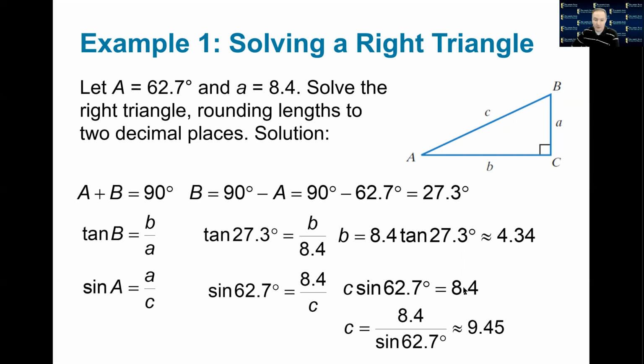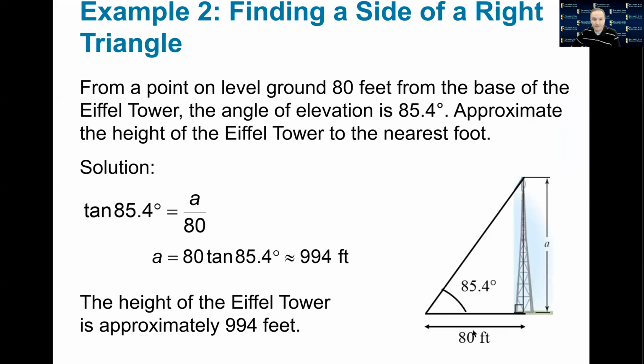Thus, C is going to equal 8.4 divided by the sine of 62.7. Now, that's an exact expression for C. I know C is precisely equal to that. But again, the problem is wanting an approximation. So I approximate to 2 decimal places, and I am 100% sure C is accurate to 2 decimal places with an approximation of 9.45.